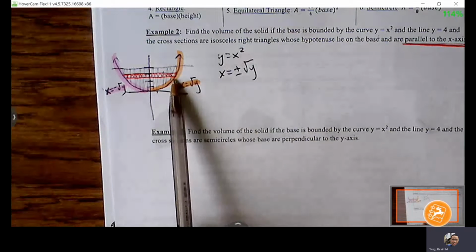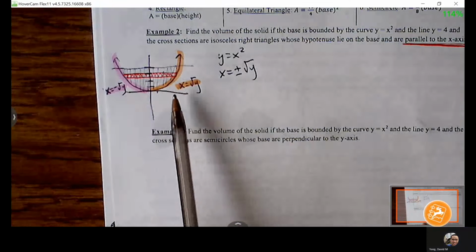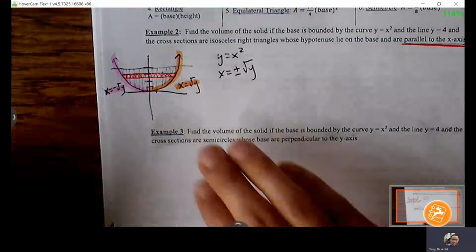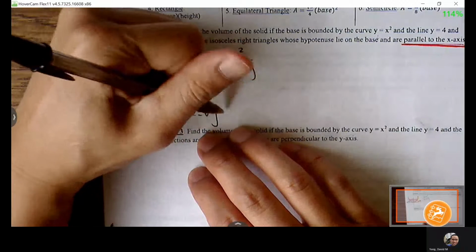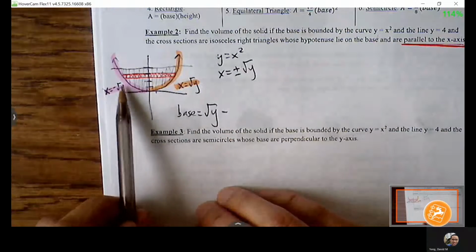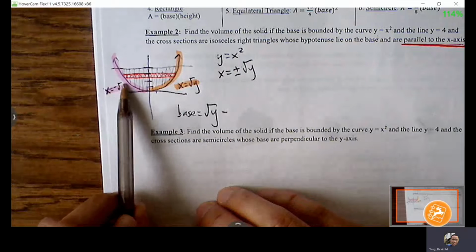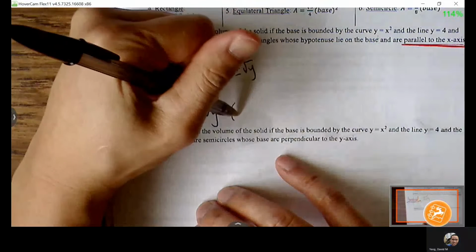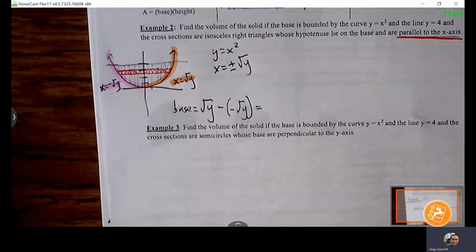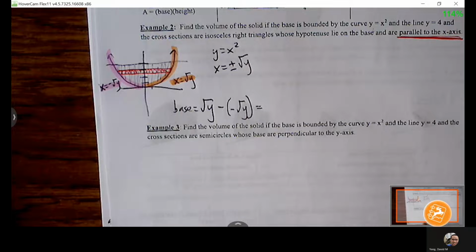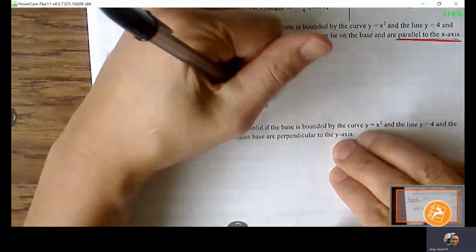Right endpoint of my base length is touching the root y, minus the left endpoint is touching negative root y. What's that going to equal? That's root y minus negative root y. 2 root y.